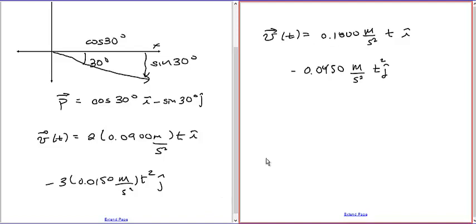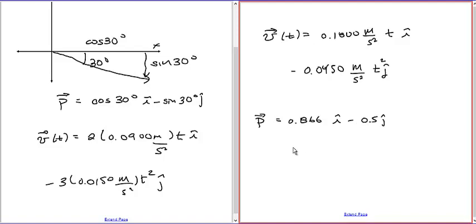So the question is, what value of t makes the ratio of these two the same as the ratio of these two? So let's put those in there. Here's your position vector. The cosine of 30 degrees is 0.866, which is equal to the square root of 3 over 2. And the sine of 30 degrees is 0.5.